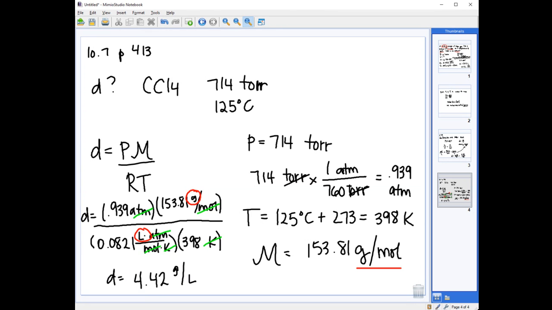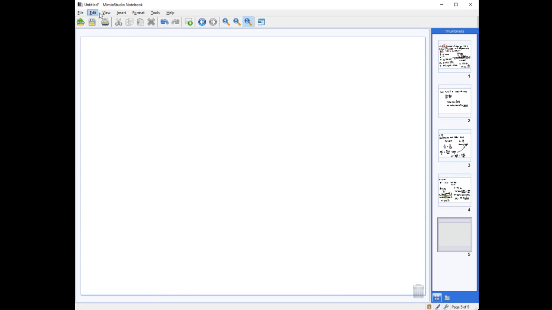Now, the other application that we can have with this is we can rearrange to solve for molar mass. Okay, so we can also use this to identify molar mass. So that equation would be a little cursive M here.